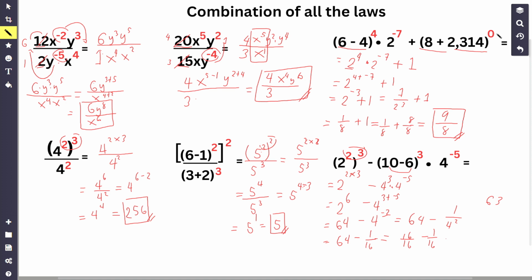And this is going to be 15 over 16, right? Okay, so we have now 15 over 16. But take note that we still have the 63 here. So our answer should be 63 and 15 over 16. That is our final answer. And I hope that is clear. Thank you.